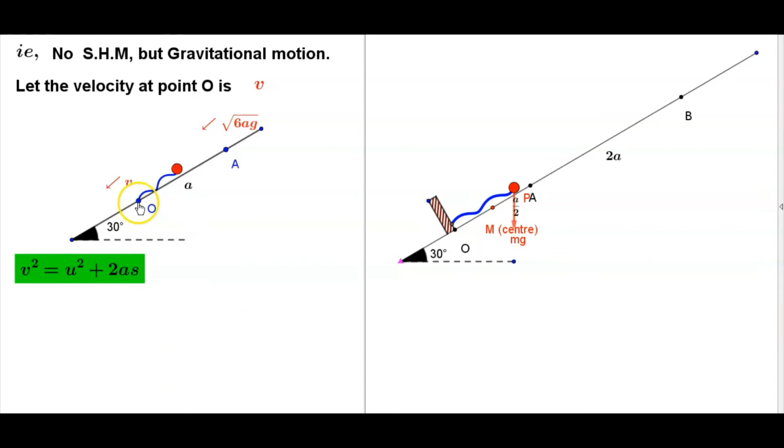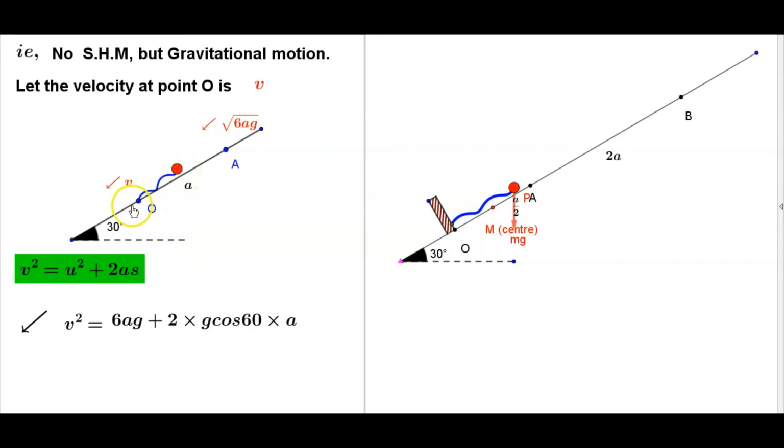Our final velocity is v, initial velocity is square root of 6ag, moved distance a, and along this distance we use the acceleration. v squared is equal to 6ag, u squared, plus 2 into gravitational acceleration vertically downward g.